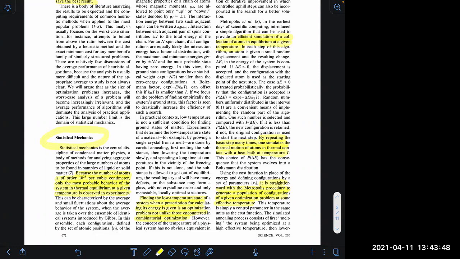We generate some seed solution, which is terrible because we just generated it randomly, right? Then we start generating its neighbors in our solution space. So we generate a neighbor. If it's better than our current solution, then we accept it. But if it's worse, we accept it with some probability. And this probability of accepting the worse neighbor decreases as we decrease the temperature.